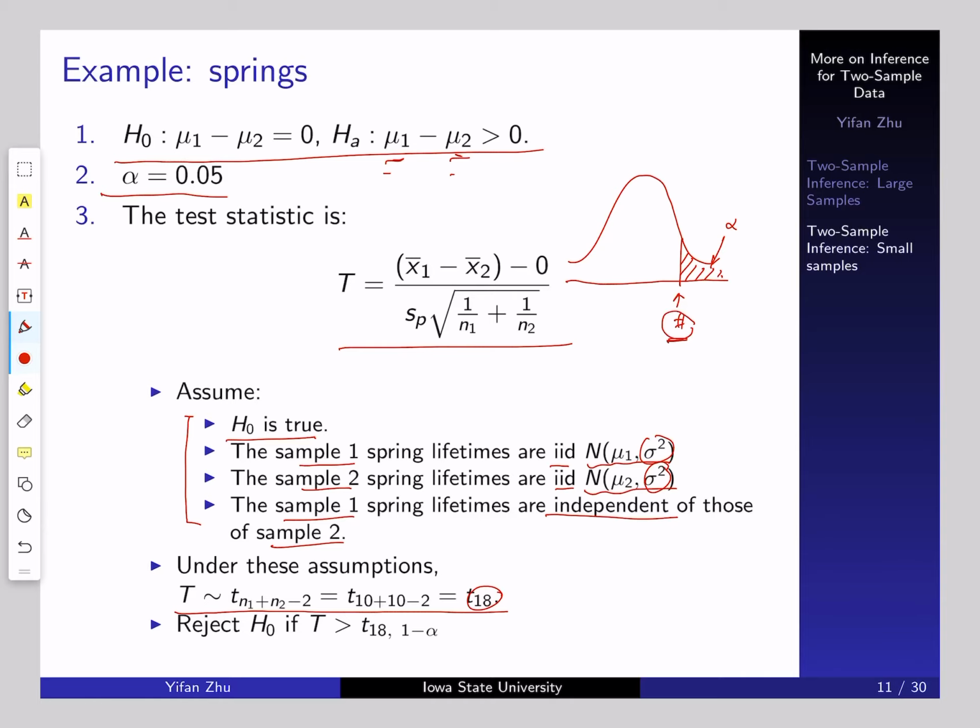So this critical value satisfies that the probability to the right of this test statistic is alpha. So we use the 1 minus alpha quantile, because this part is alpha, which means the left part is 1 minus alpha.